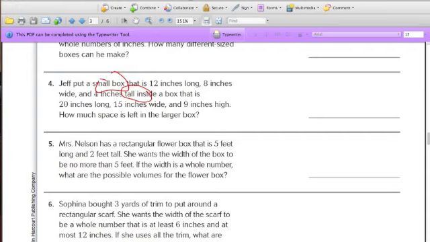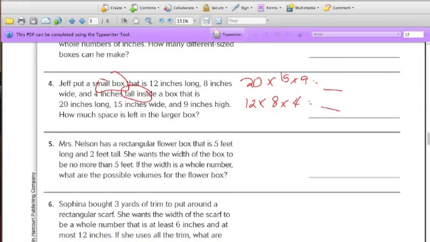So all you have to do on that is figure the two volumes. So the larger box is 20 times 15 times 9. Figure out the volume. And then you're going to come over here and find the volume of the smaller box, which was 12 times 8 times 4.